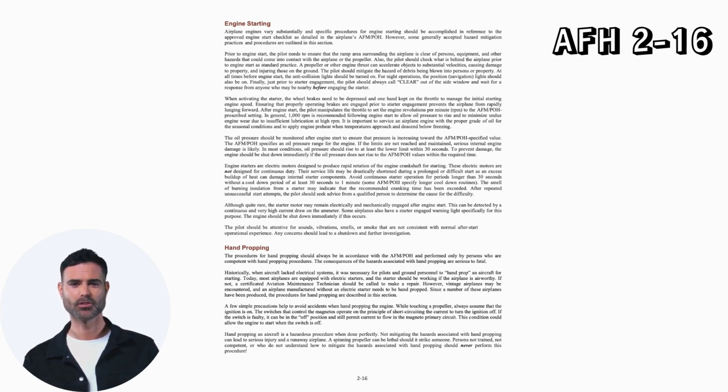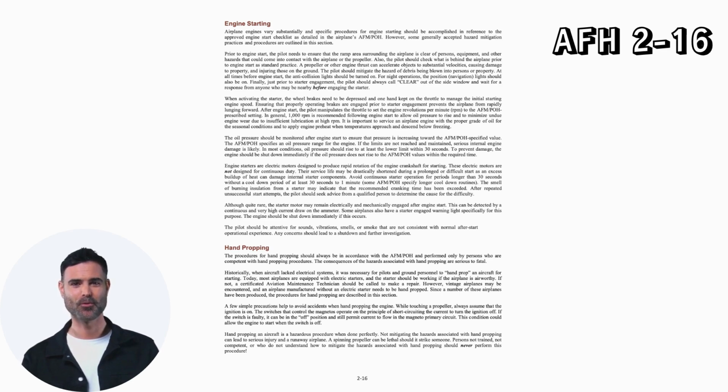It is important to service an airplane engine with the proper grade of oil for the seasonal conditions and to apply engine preheat when temperatures approach and descend below freezing. The oil pressure should be monitored after engines start to ensure that pressure is increasing toward the AFM/POH specified value. The AFM/POH specifies an oil pressure range for the engine.